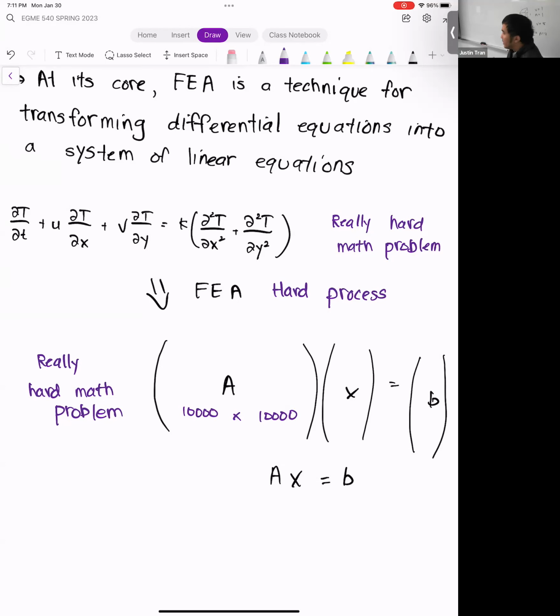You go through this very difficult, very complicated, complex process known as finite element analysis. And what you get from it is just another really hard math problem, just in a different form. And so what basically people said was that, you know, this is nonsense. Like, why should we go through this FEA process if we're not going to get anything from it? You're just doing math just for fun. Okay. And so it actually took a very long time for FEA to actually be used in practice.